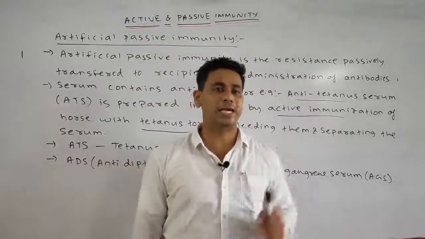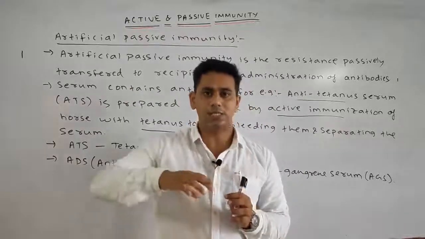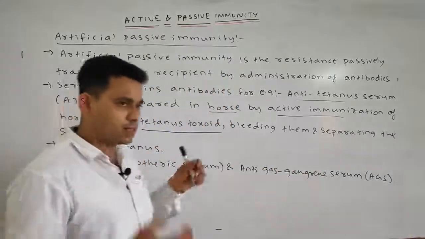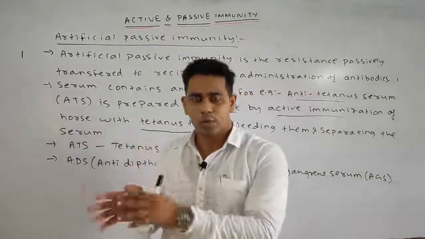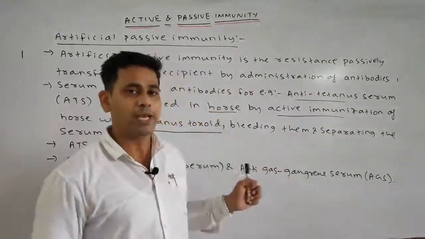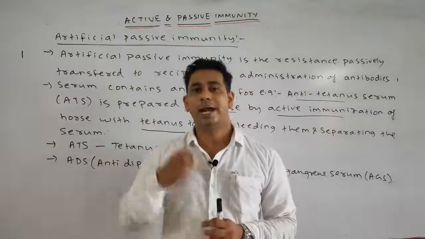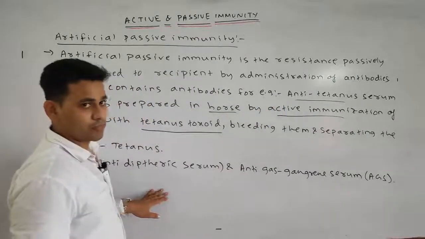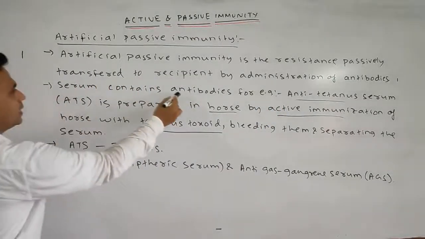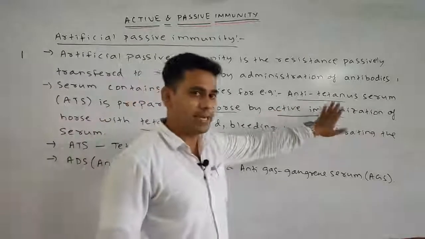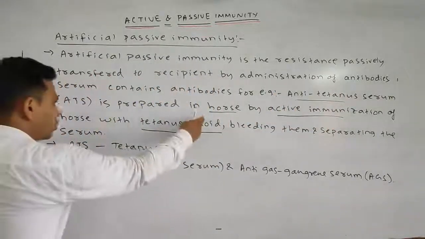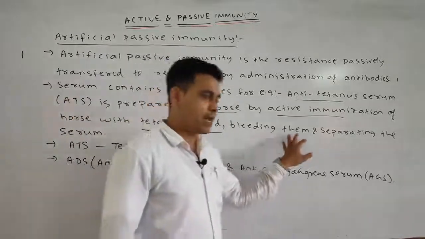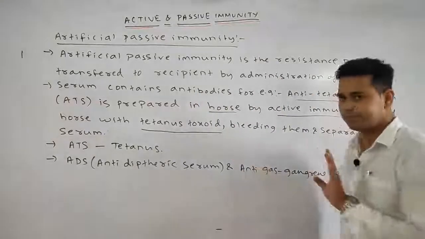What did we read about active immunity? The body's own immune system develops the antibody. For the tetanus toxoid, a particular organism may be unable to form the antibody, but the horse is able to produce it, that is, the anti-tetanus serum. So what is written: the serum contains antibody, for example anti-tetanus serum, which is prepared in the horse by active immunization of the horse with the tetanus toxoid, then bleeding and separating the serum.